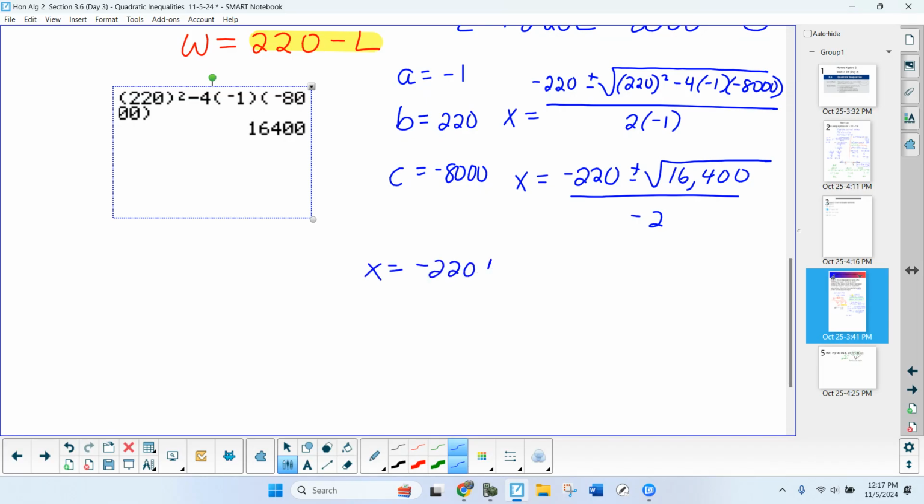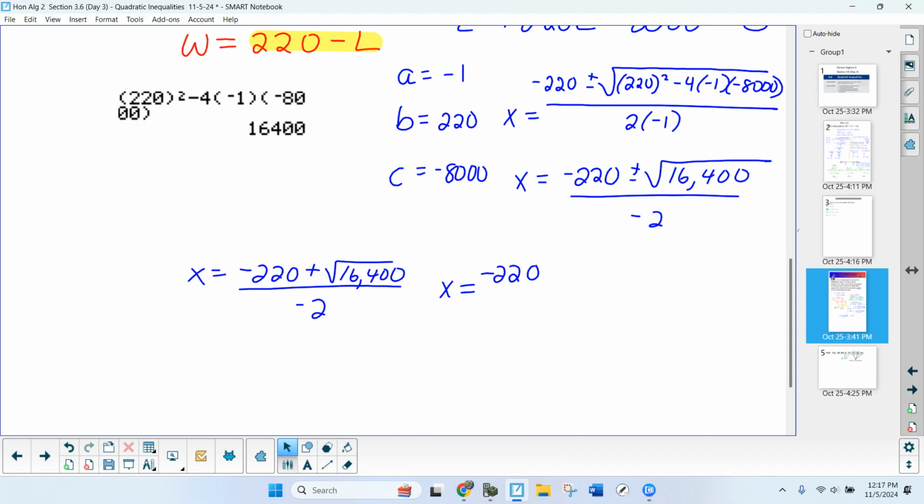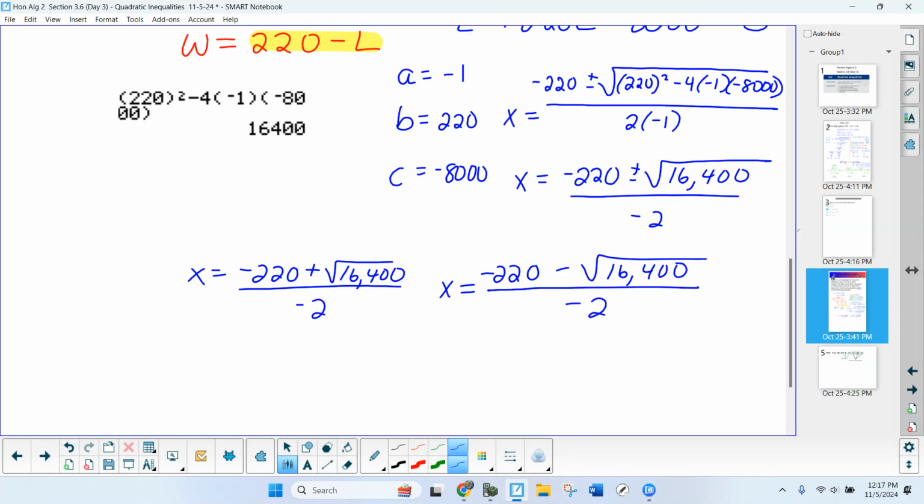Since it's not a perfect square, what I would do is this. x equals negative 220 minus the square root of 16,400, divided by negative 2.